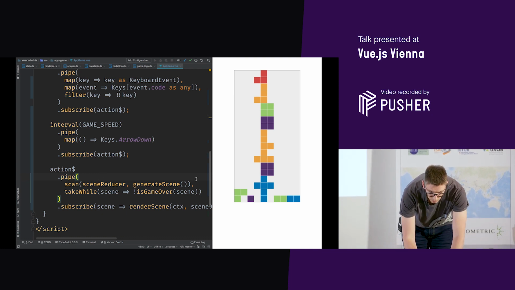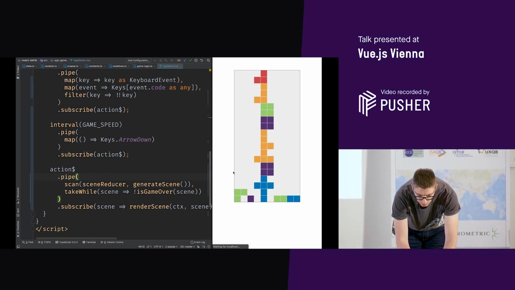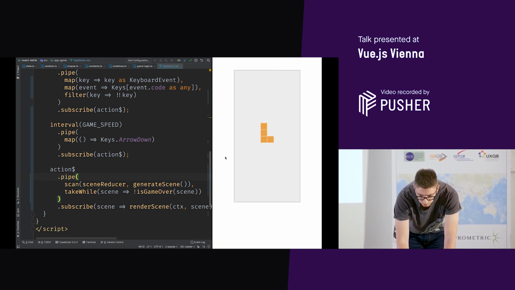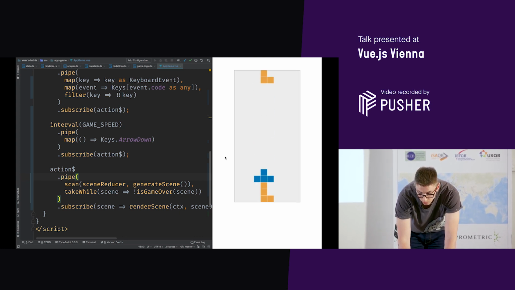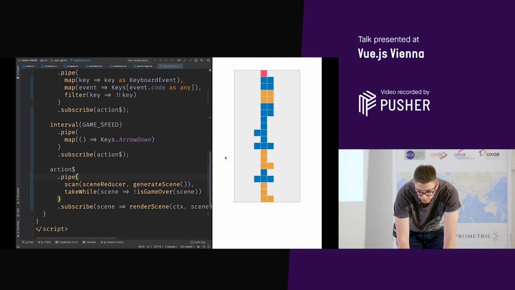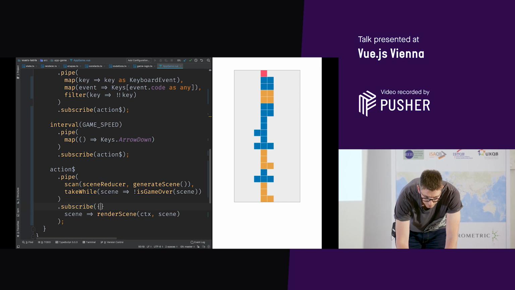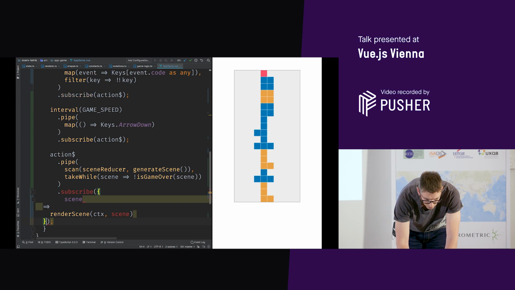Now, if we restart this, we're going to see that although our observable has finished, we can't really tell because we didn't change anything. We're still just rendering the scene. So we don't know that rendering of the scene has stopped. So now we're going to use the things from our iterator world.